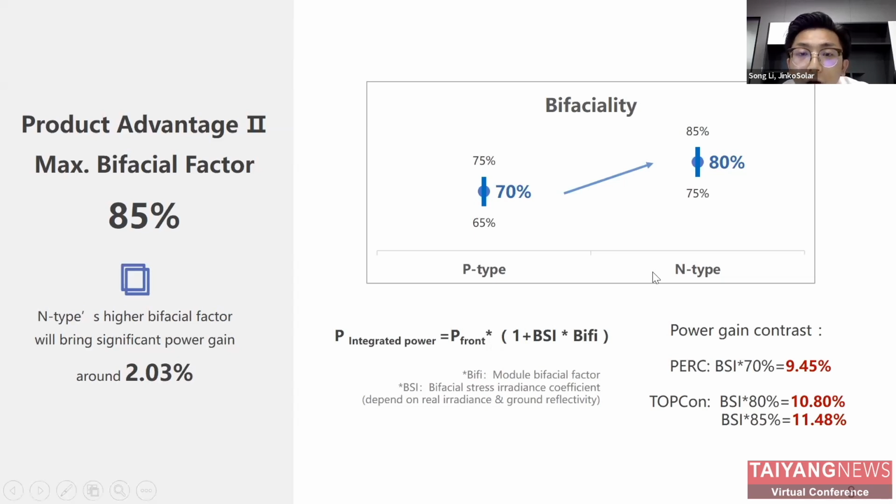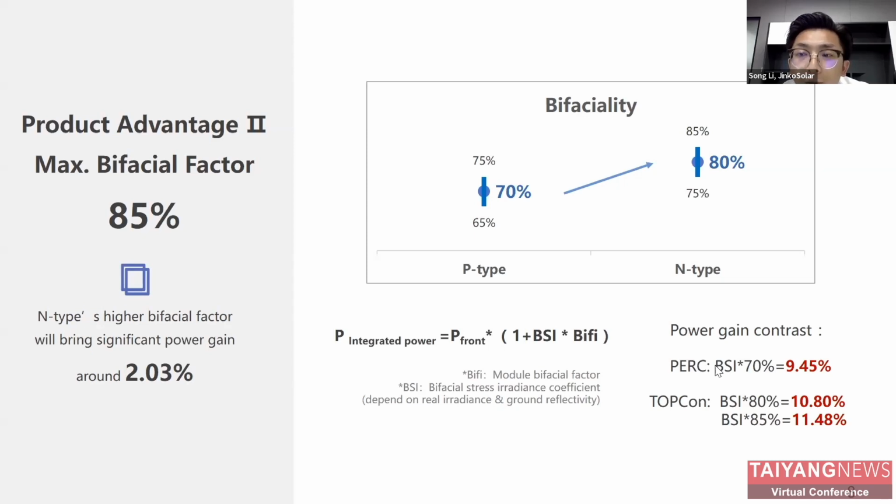As shown in this figure, the P-type module manufactured with the same specification is used as the baseline. The P-type bifacial modules can provide a 9.45 generation gain, while the N-type modules can provide a maximum 11.48 generation increase.